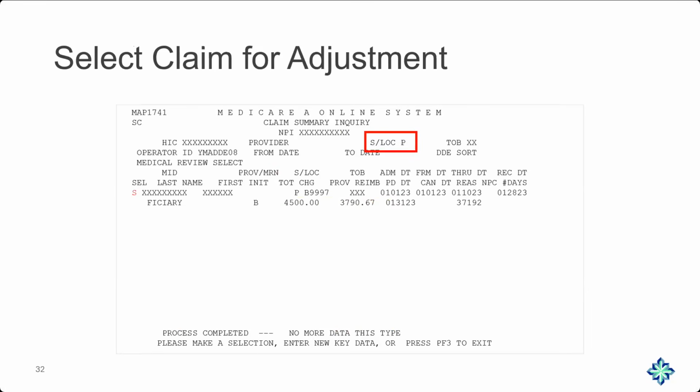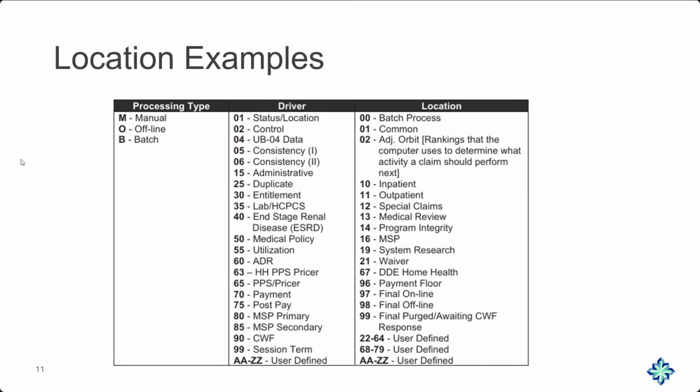If the claim that you need to adjust is in status location PO 9998, the letter O, let me see if I can get this right here. The letter O means that the claim is offline. So due to its age or the number of claims in history, it's been archived.